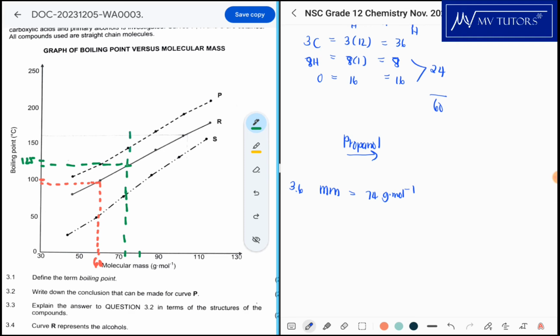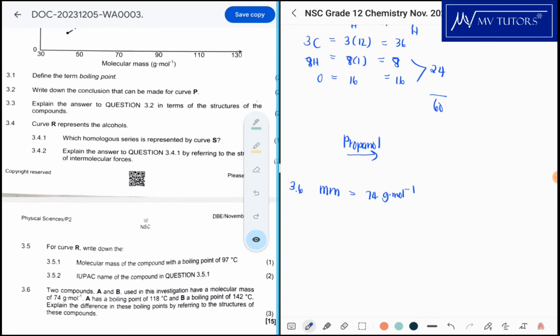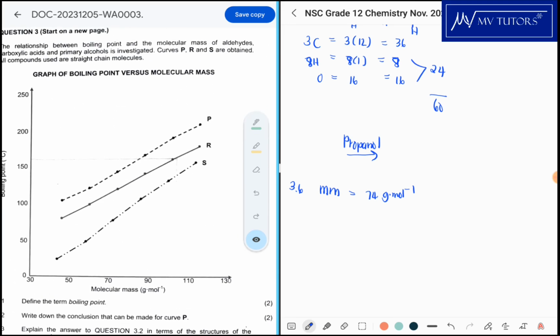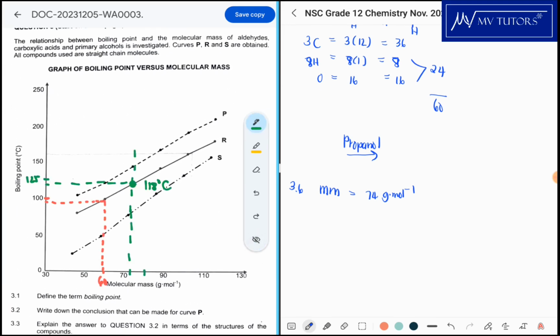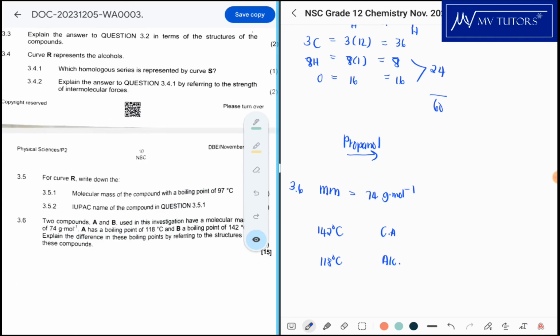All right, so 118, I'm there. And then the other one, 142, just before 50. Okay, so we are there. So basically for 142 degrees Celsius, I'm dealing with a carboxylic acid, and for 118 degrees Celsius, I'm dealing with the alcohol. All right, let's go back.